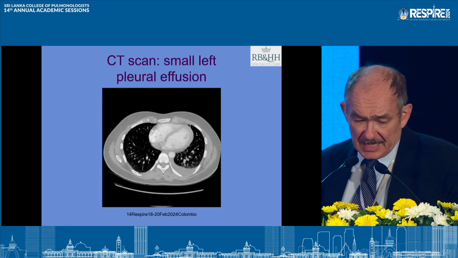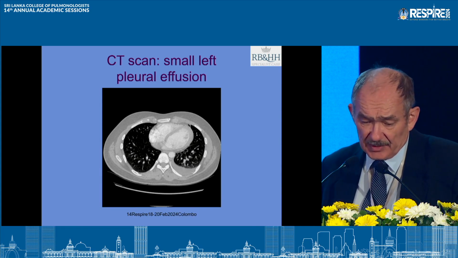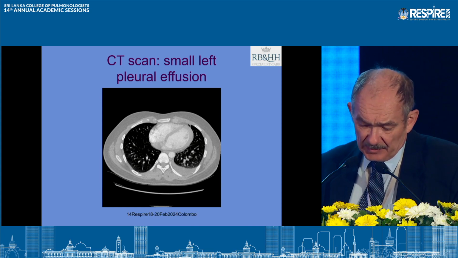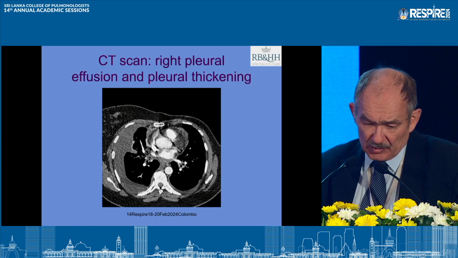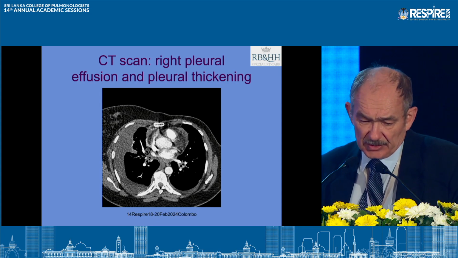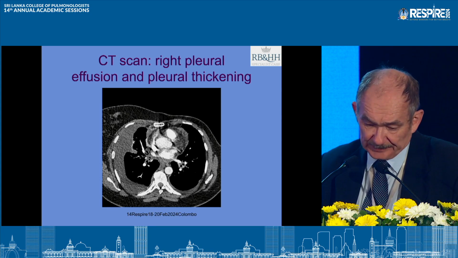On a CT scan, making the diagnosis of pleural effusion is quite easy. We can see the fluid at the bottom of the chest with a meniscus, but it could be going into the fissure, as you can see on this CT scan in somebody with mesothelioma.